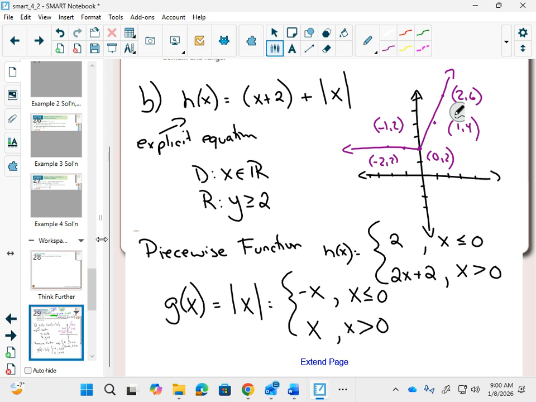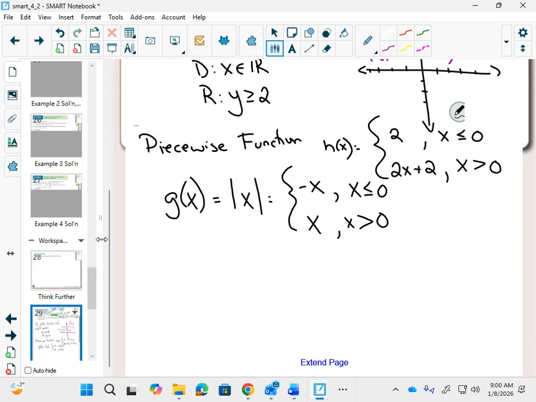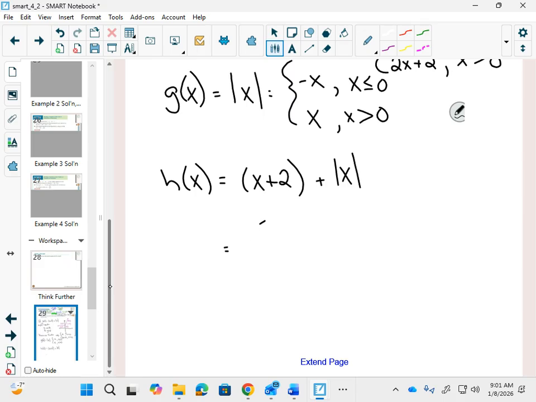So now when I have algebraically h of x equal to this, I could now write it as a piecewise function.